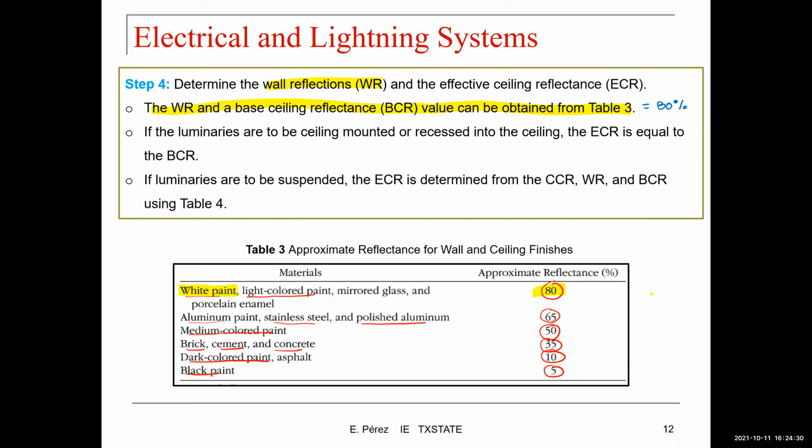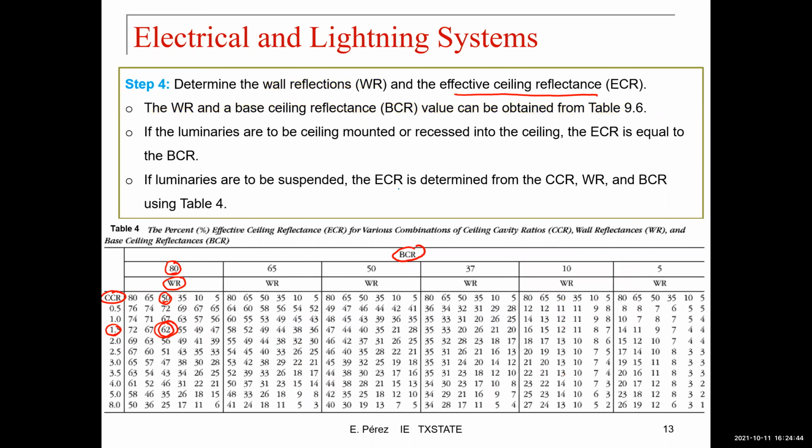If the luminaries are to be suspended, then the ECR is determined from the CCR, WR, and BCR using table 4. If the luminaries were suspended, which is not the case for this problem, then you would use the values for the BCR, WR, and the CCR to compute this ECR.